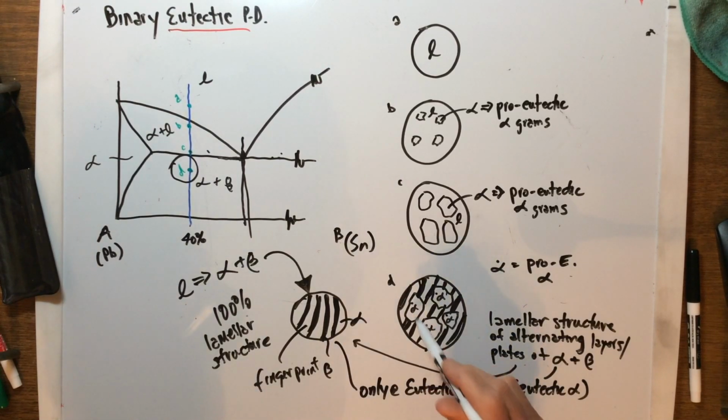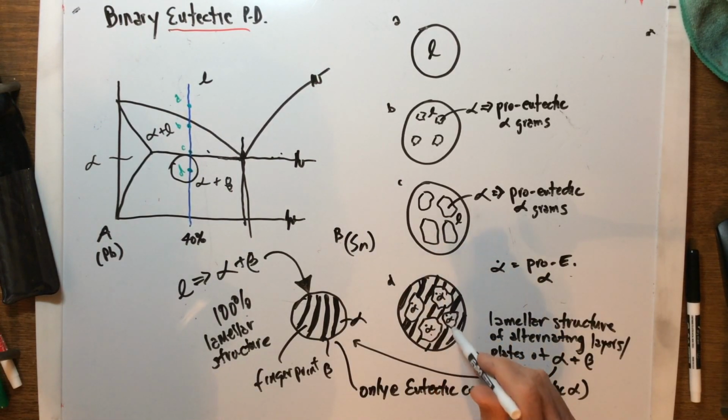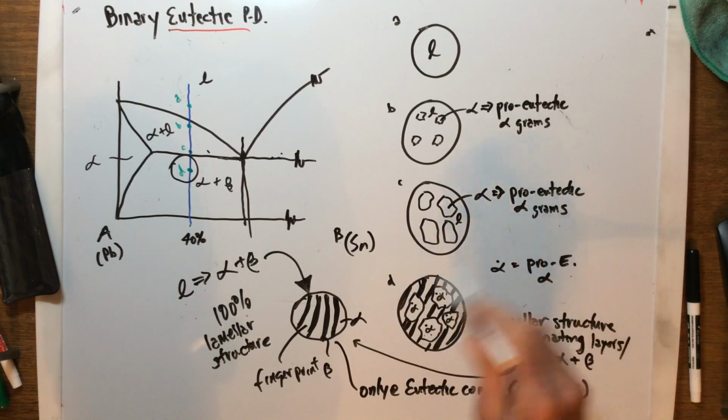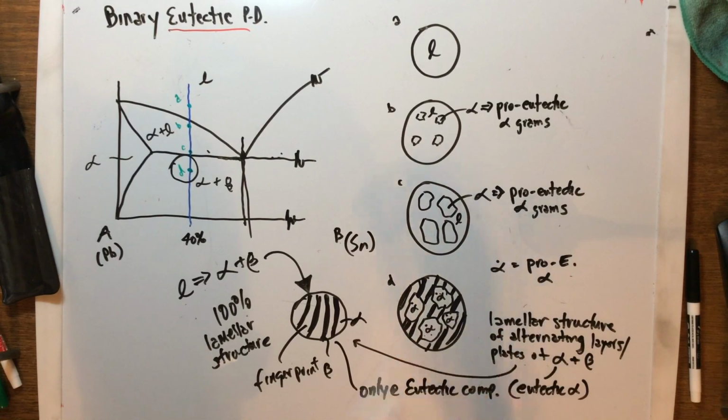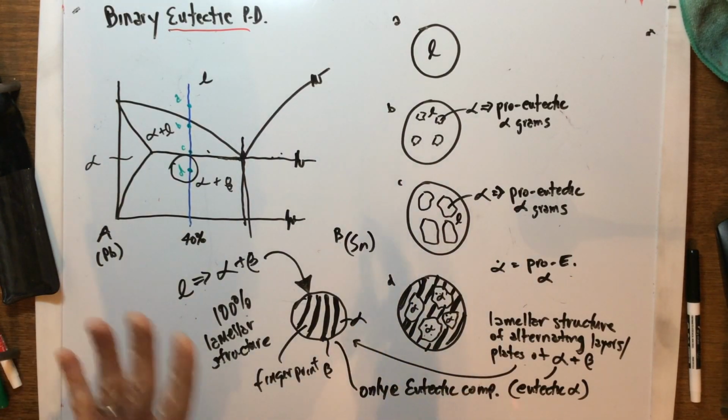Otherwise, it's going to have these, like I said, kind of globulars of these different pro-eutectic, either alpha or beta grains involved in that. All right? So that's, in essence, how this diagram works.